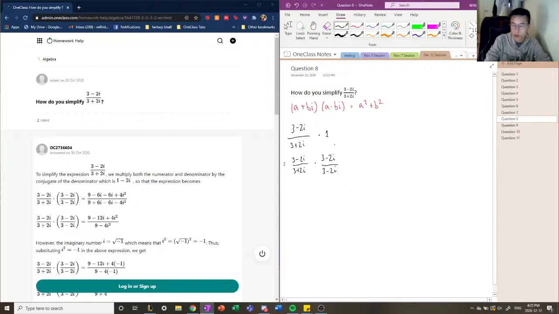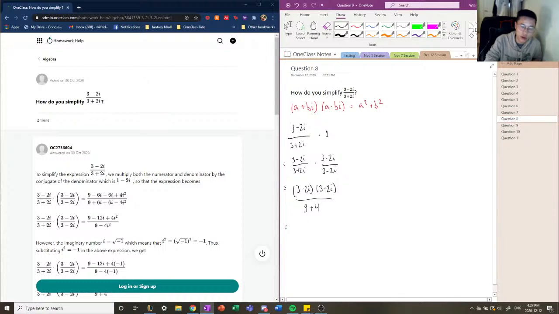So this is still equal to 1, and we're not changing anything yet. This is a valid way of manipulating our equation. As we multiply this together, we notice that the denominator is going to be 3 squared plus 2 squared, right? So by doing this, we get 3 minus 2i times 3 minus 2i divided by 9 plus 4.